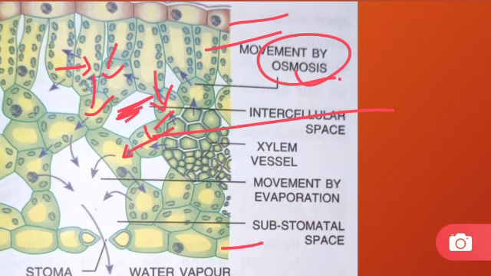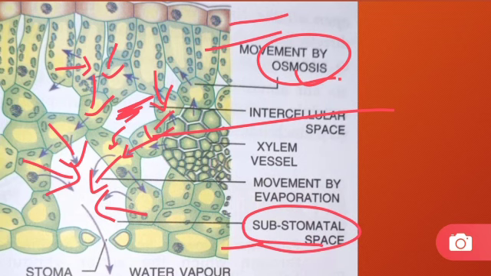Now again the water vapor is taken up by the next cell, and again it is supplied to the space between the cells, and then at last it reaches the substomatal space, from where it is thrown out of the leaf through the stomatal openings.